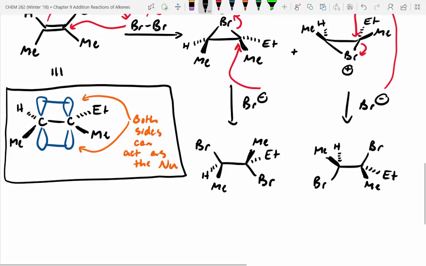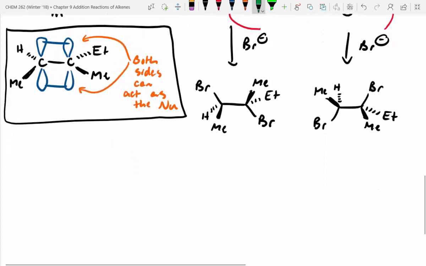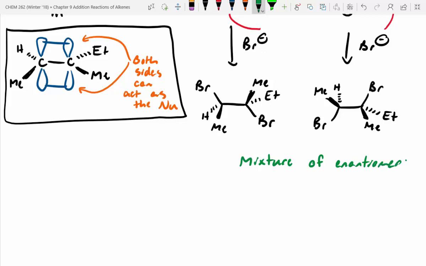So what we've created is a mixture of enantiomers. And just like we saw before, this is a racemic mixture. And it's really important to note, like I said, that these bromines, experimentally we know, are always going to be off of opposite faces of that original pi bond. So you do have to pay attention to the stereochemistry as well.